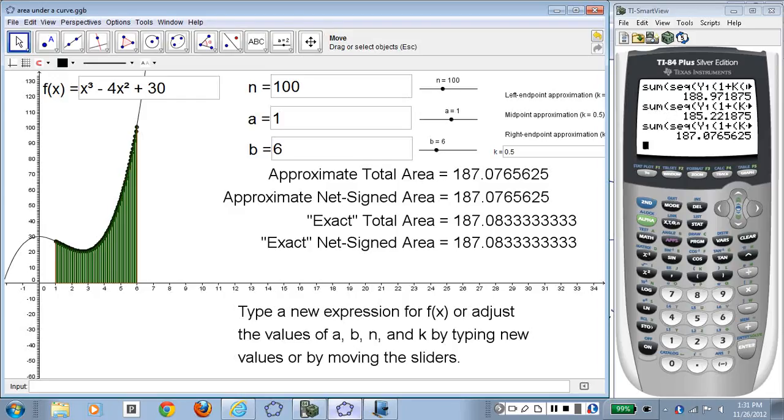So the midpoint approximation seems like a more efficient way to do it. You would need lots more rectangles if we wanted to get that close to the actual value. We would need a lot more for the left endpoint or for the right endpoint approximation. It seems like the best thing to do might be to get the average of all three, the average of the left, right, and middle.